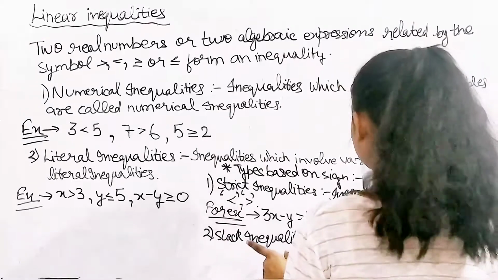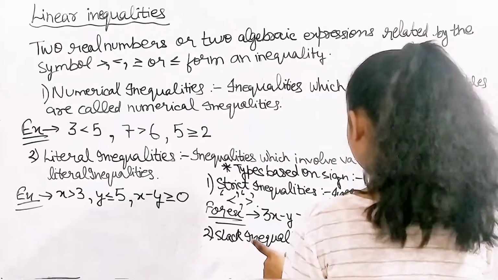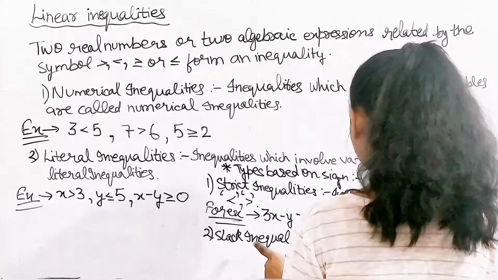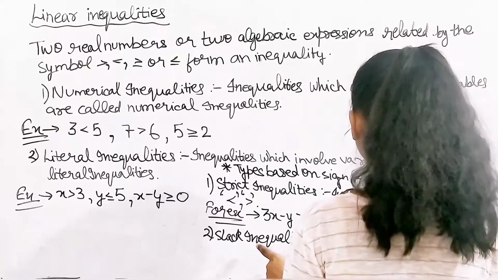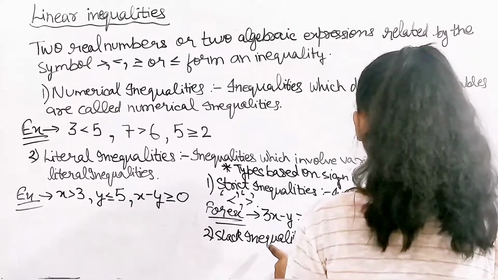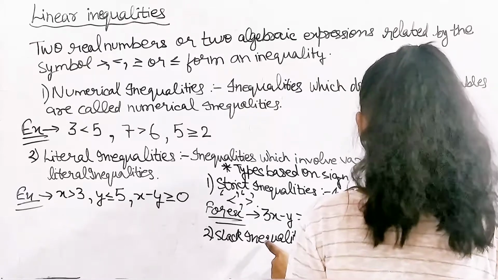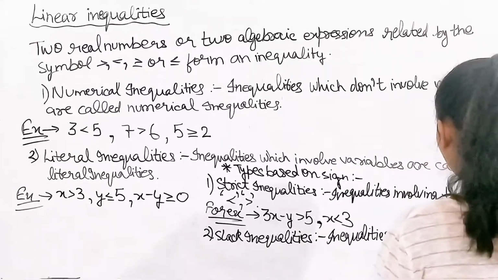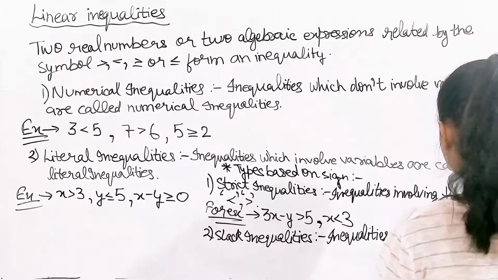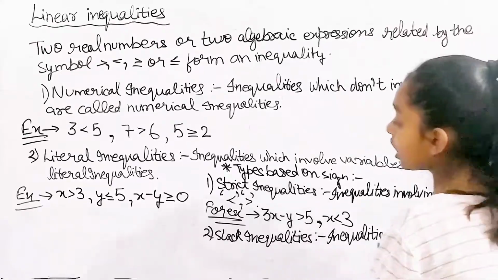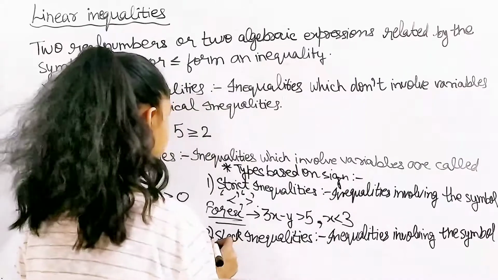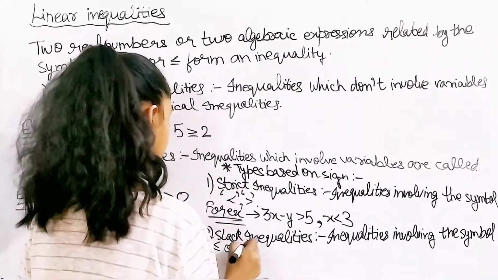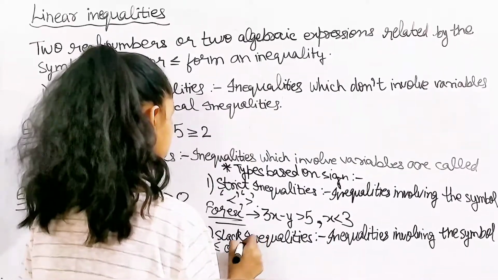So slack inequalities are those inequalities which involve the symbol less than or equal to or greater than or equal to.